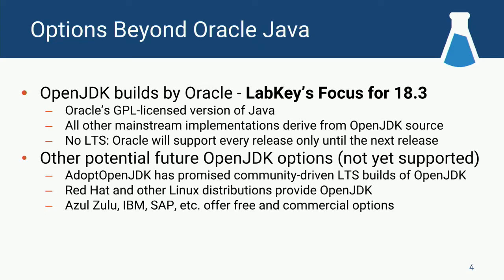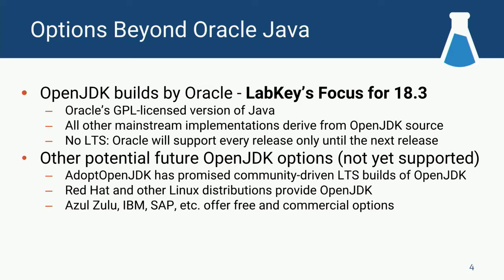So that commercial runtime builds on the OpenJDK. But Oracle also releases the fully open source version of the JDK and makes that generally available. Other folks do as well, which I'll talk about in a minute. This is GPL licensed. This is true open source Java, which we've actually never really had before.